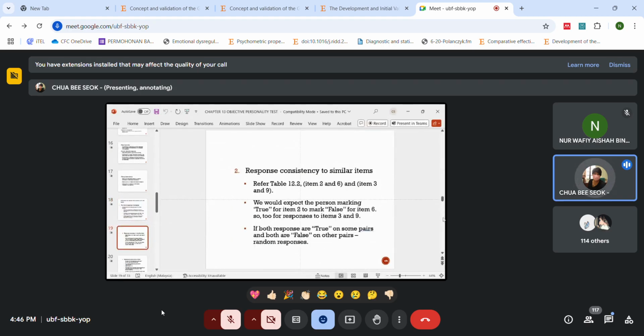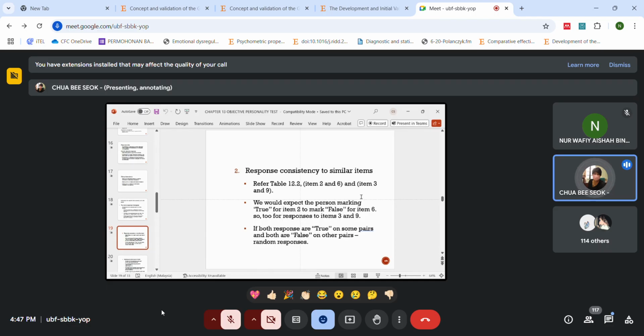So this is one of the strategies. The second strategy to determine answers that are not honest is that you can also add built-in questions, to detect the consistency of the response to similar items.